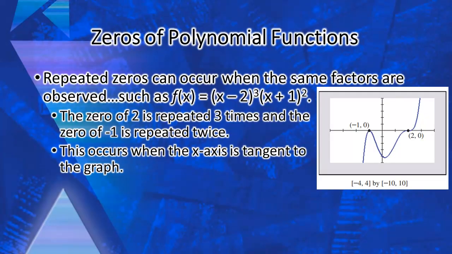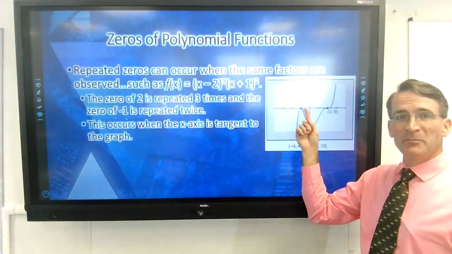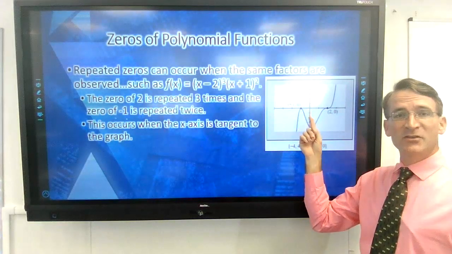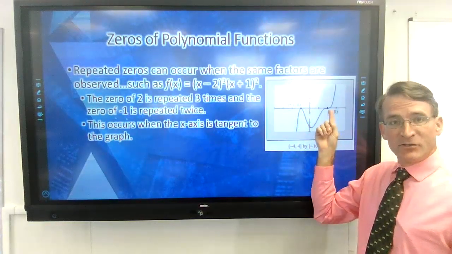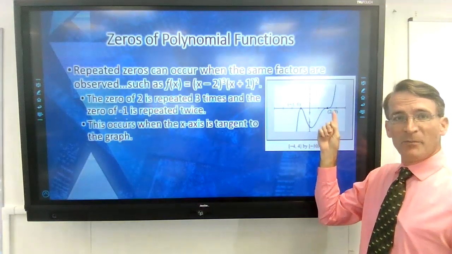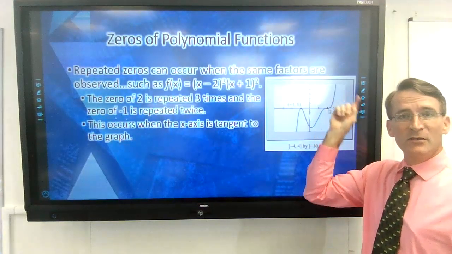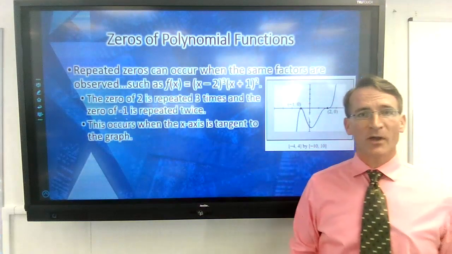Here we have this particular polynomial graphed, and you can see a little bit of difference between the two. Notice that at negative 1, my graph goes up, touches the line, but then starts coming back down. Whereas at 2, my graph goes up, hits 2, and then continues going in a positive direction.